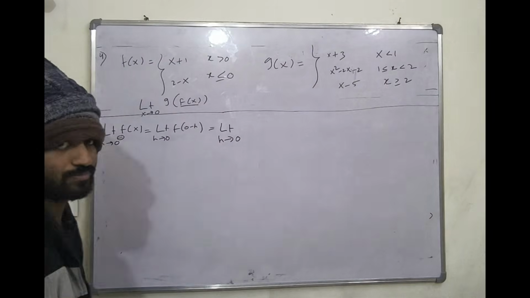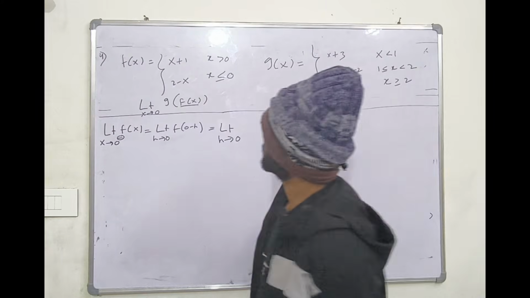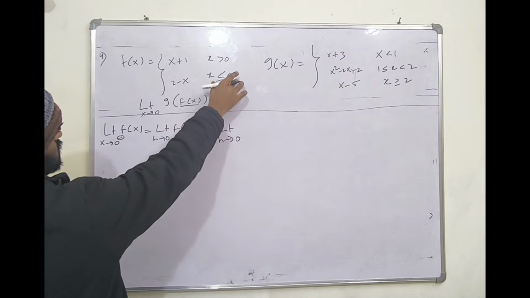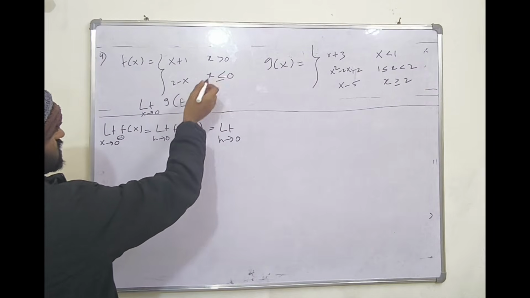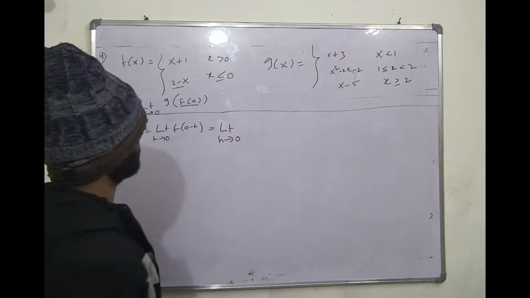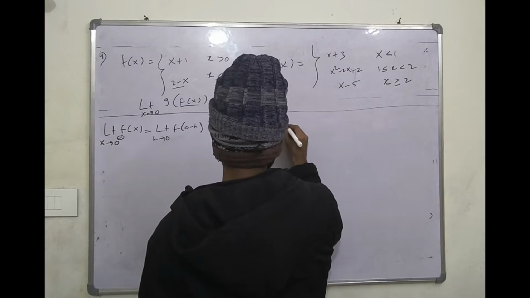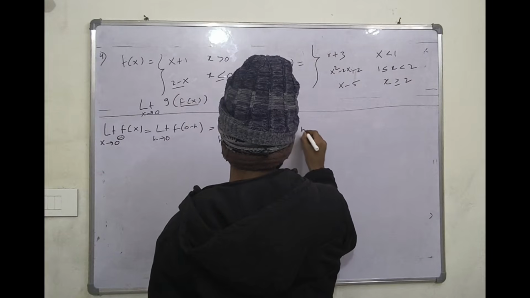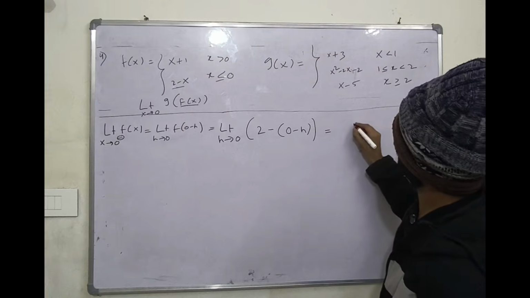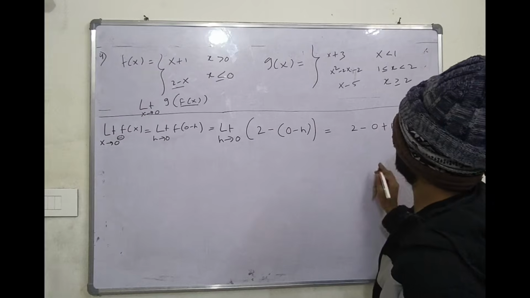Since h is positive, h is infinitely small, okay, h is positive, so 0 minus h must be less than 0, so our case must be this case, which is x less than 0, so our case is the 2 minus x case. So limit h tends to 0 of f of 0 minus h is 2 minus (0 minus h), okay. So this is 2 minus 0 plus h.